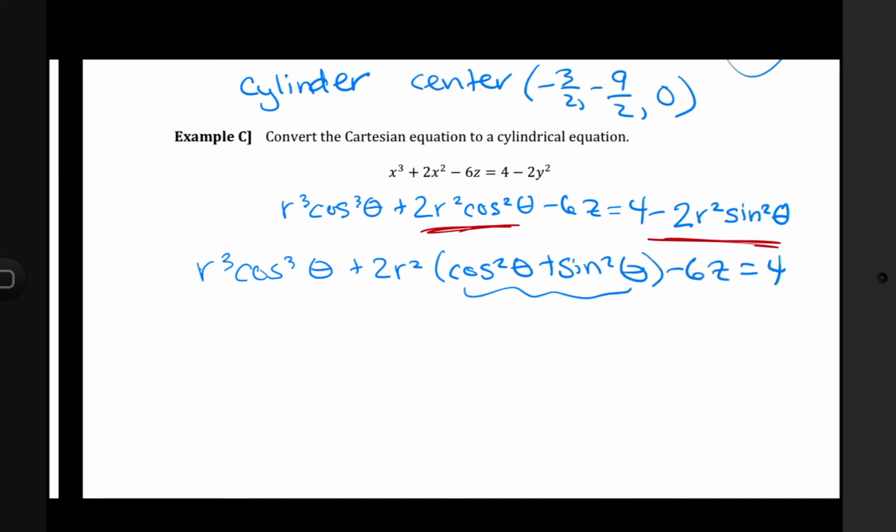So we all know, hopefully, that this is 1. So this really just becomes r cubed cosine cubed theta plus 2r squared minus 6z equals 4. And that's it. Can't really do anything else in this case.